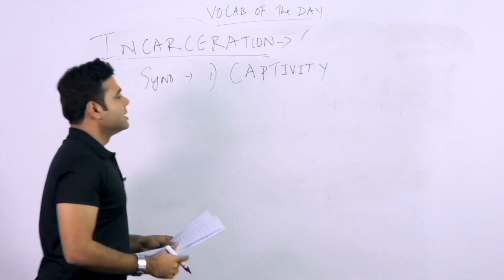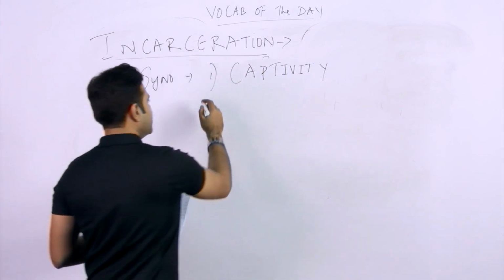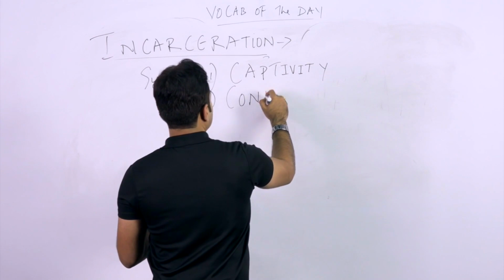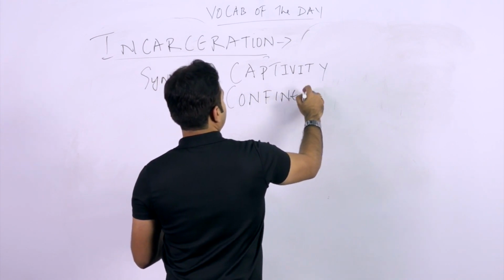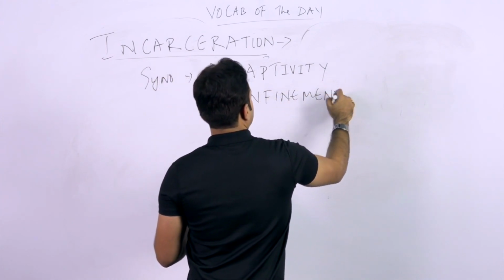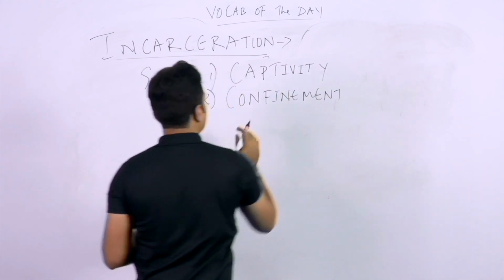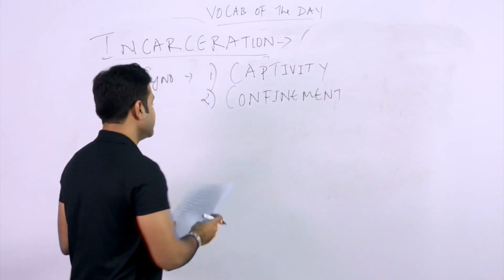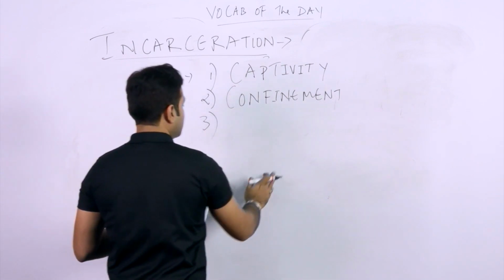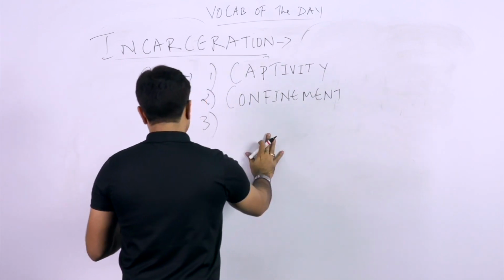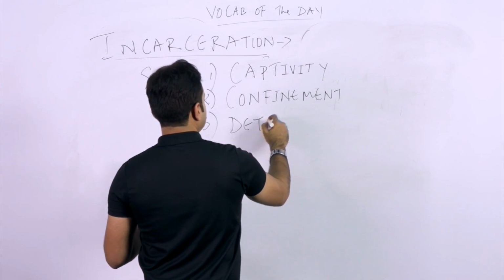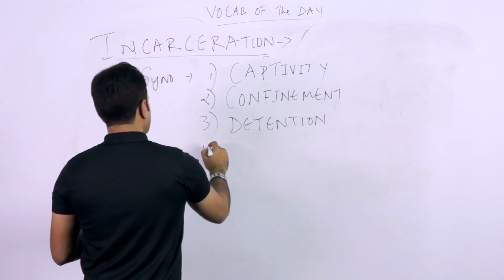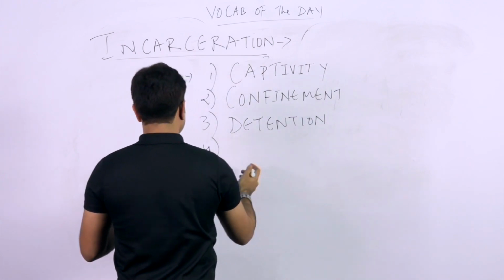I hope you're getting it. The second word is confinement. I have already told you, but still you can take it down. Students, I expect that you are taking it down and using them, because without usage you cannot improve your vocab. Confinement, detention. The fourth word is detention.